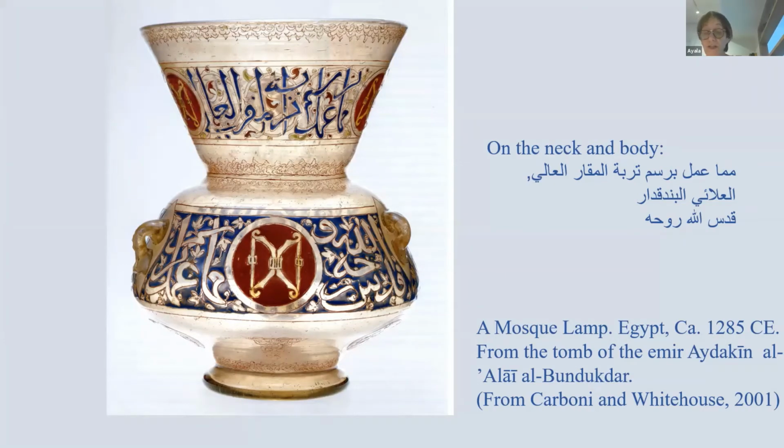One of the earliest datable lamps originated in Cairo in a tomb built for a Mamluk emir. The inscription reads as follows: Mimma amila birasm turbat al-maqarr al-ali al-alai al-bunduqdar qaddasallahu ruhahu.